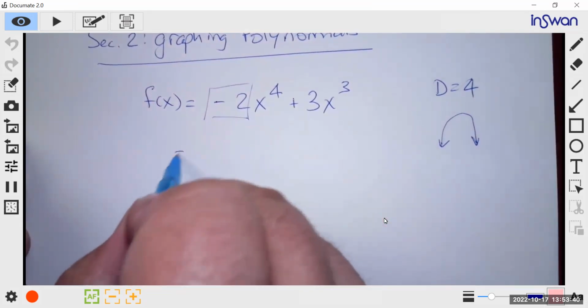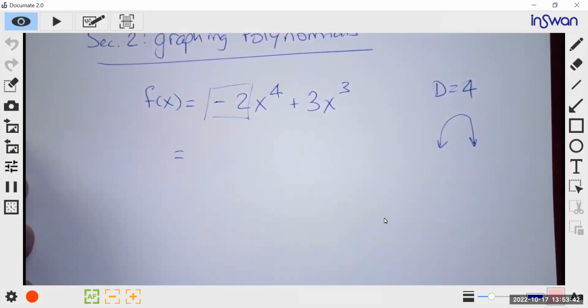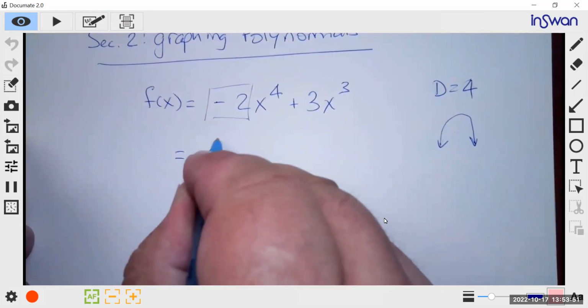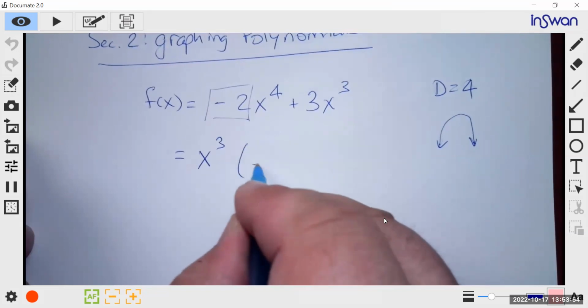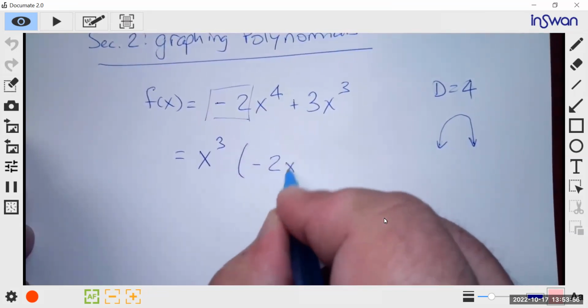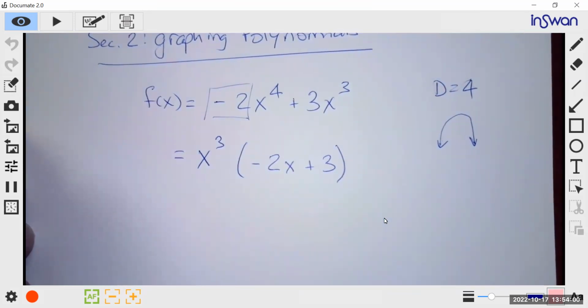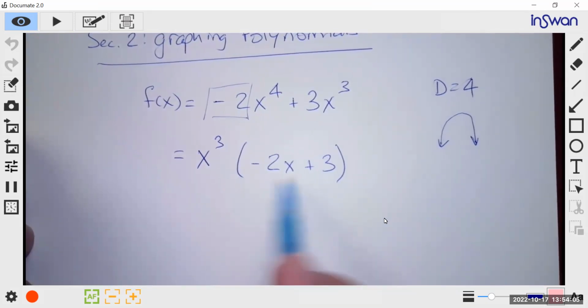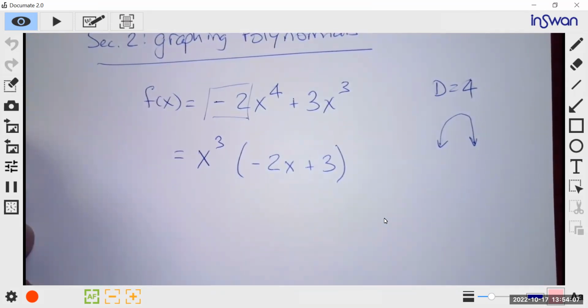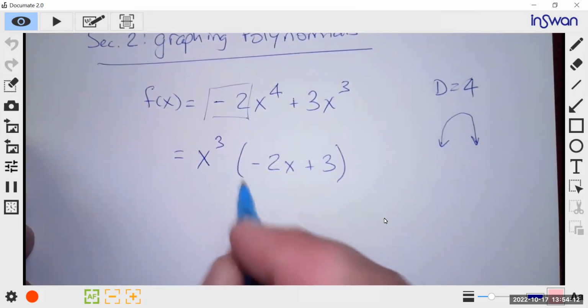Can you factor this? Do they have anything in common? They both have 3 x's. If I take out 3 x's, I have that. So what do these find for me? These are my factored form.